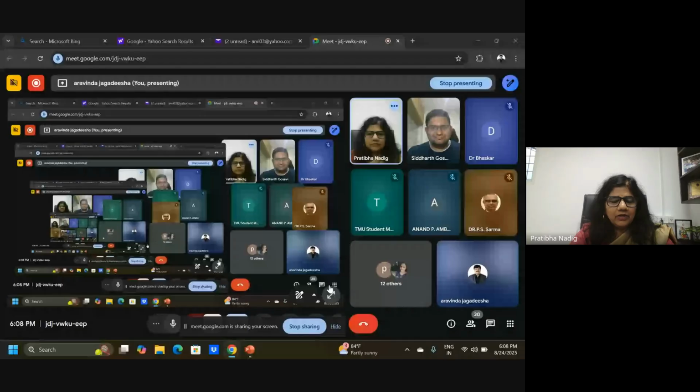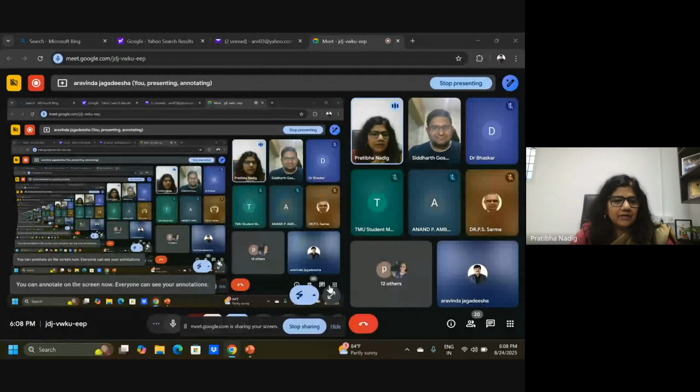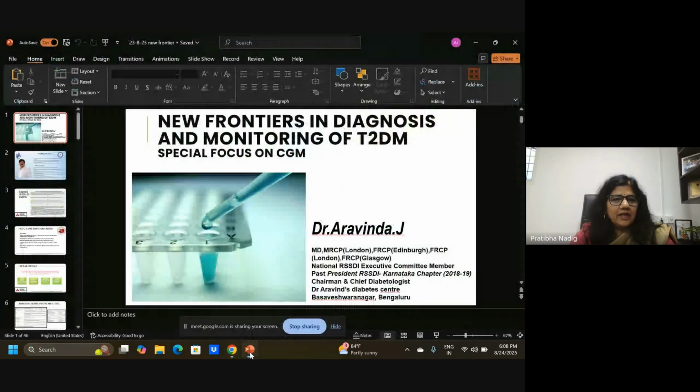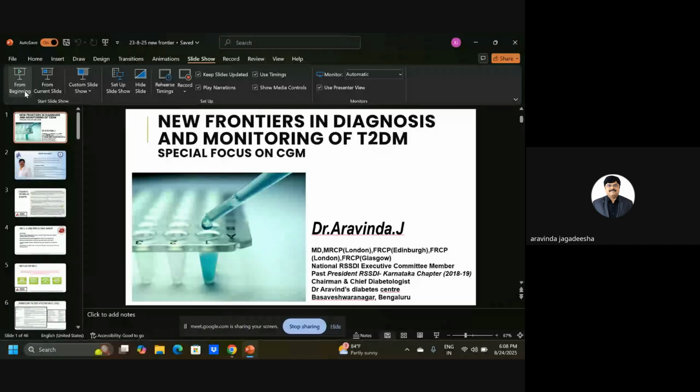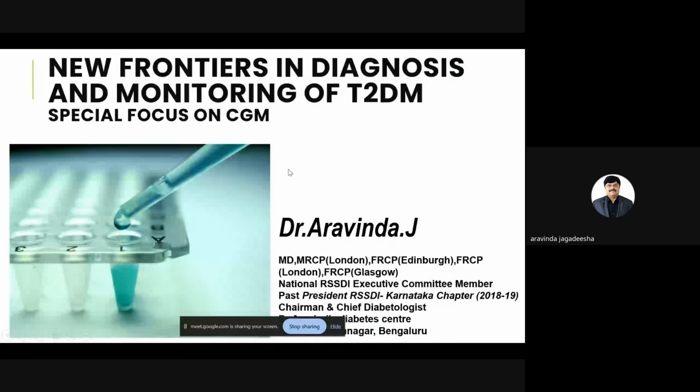Click on the share screen icon, choose entire screen, and then click on the minimized PPT. Now you can do the slideshow. Are you able to see now?